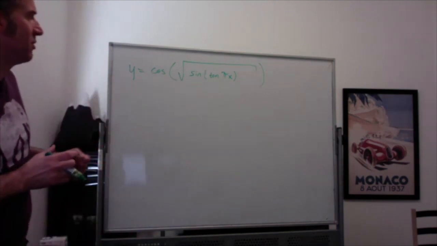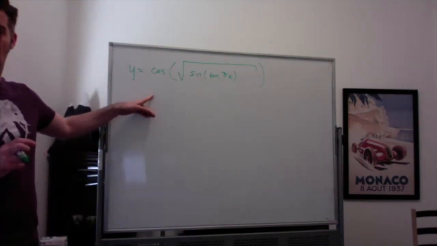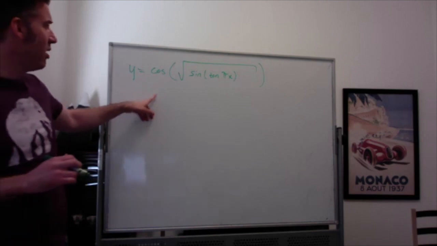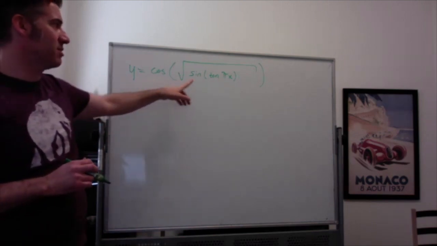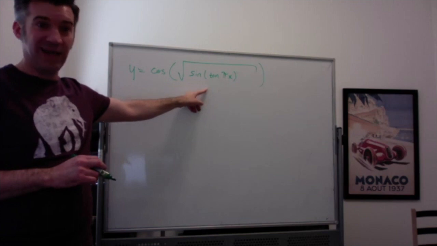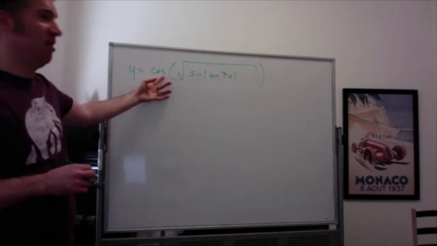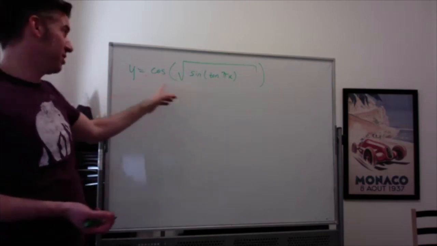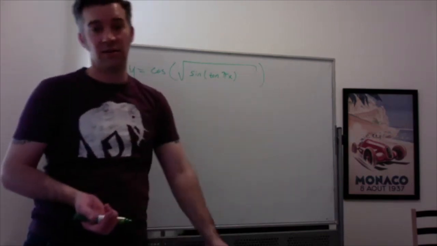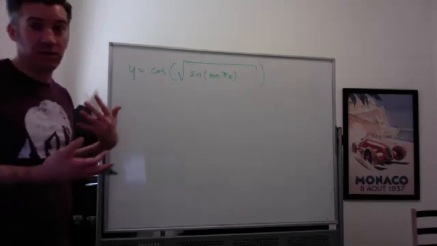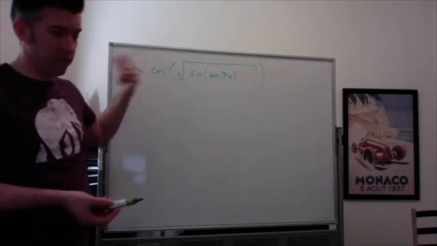I've definitely seen people say that this is a product rule, that it's cosine of x times the square root of sine of tangent of pi x. It's not, because I don't have a cosine of x. I have a cosine of something, and in this case, it's cosine of all that jazz.